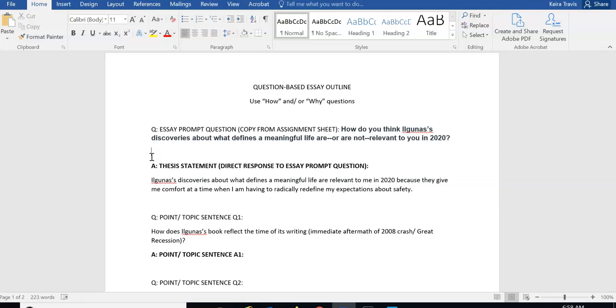On the next page of the module, you'll see a PDF handout that gives you the structure. You can fill out the PDF, or you can create a really similar template in your own word processing file. But yeah, the first stage is just to get that essay prompt question in there.